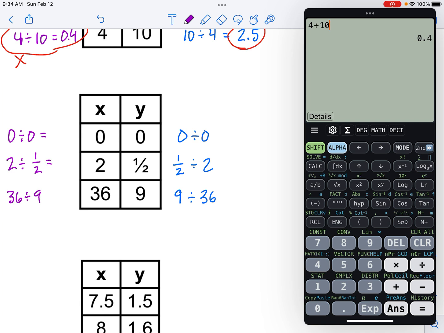Okay, let's start with purple. 0 divided by 0. That causes a bit of an issue when you try to actually calculate that. You can see on my calculator it says indeterminate, which means you can't actually divide by 0. So just keep that in mind. It turns out that any proportional relationship will have 0, 0 as a possible pair of values.